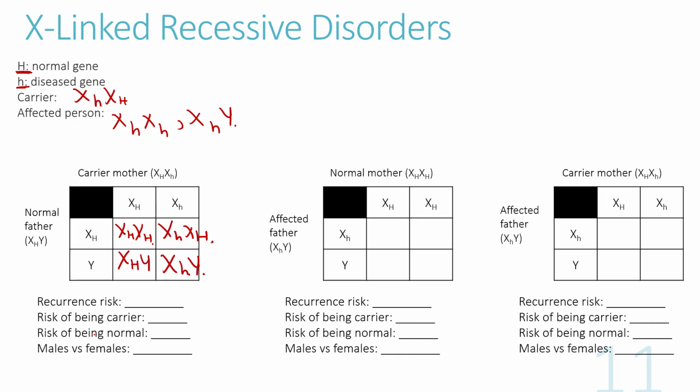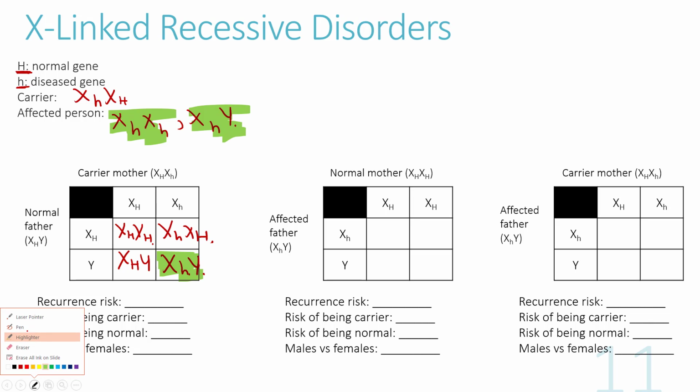Okay, so recurrence risk, if you look at how many people are affected, you've got this, which can't come about with a carrier mother and a normal father, but you also have that, right?